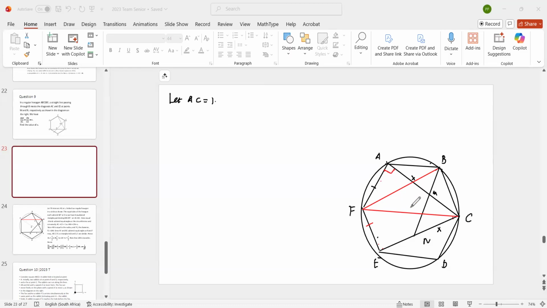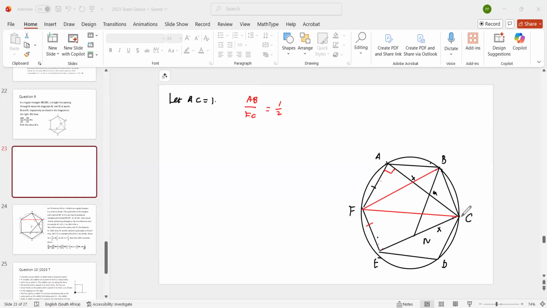So from the center, if you join it to the vertices, all these three are equal. So the sides of your hexagon are equal to the radius of the circle. And this is the diameter. So AB over FC is equal to a half.